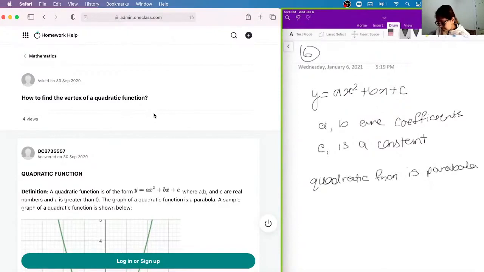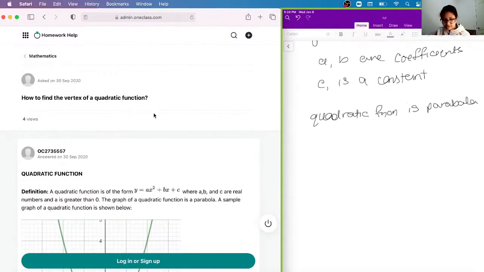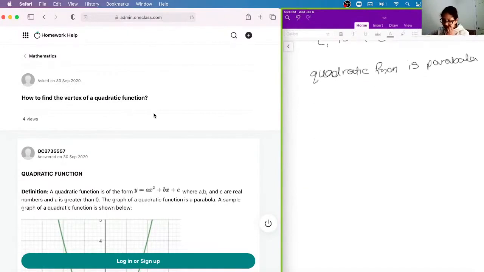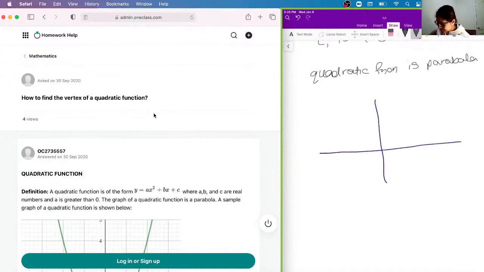Okay. So if you know how a parabola looks, a sample graph of a quadratic function is shown below. For example, we can have a parabola right here.